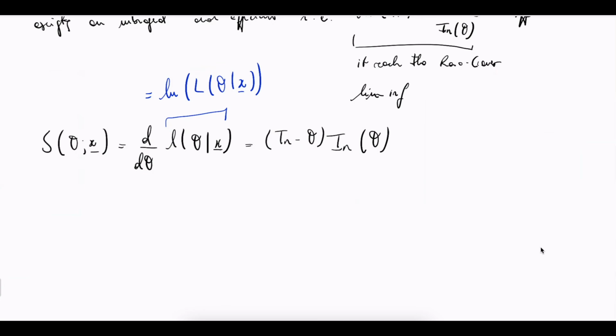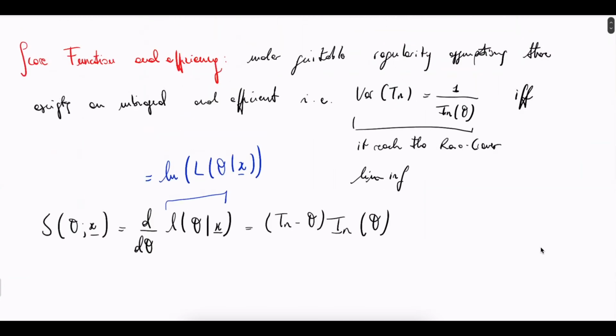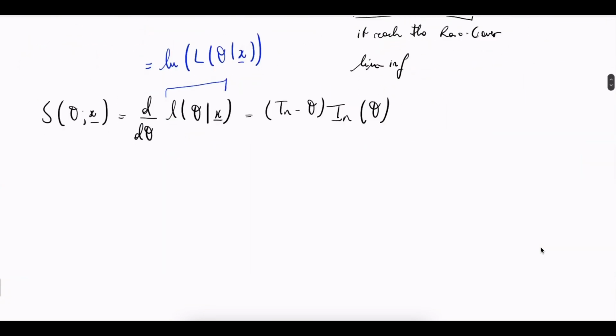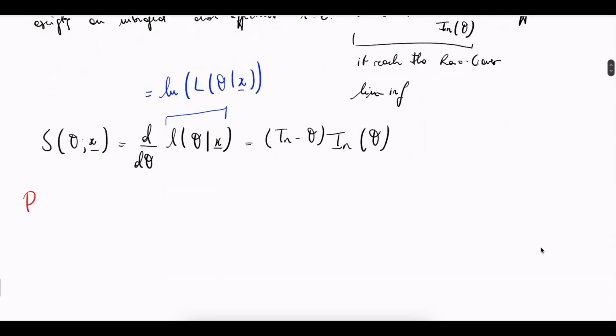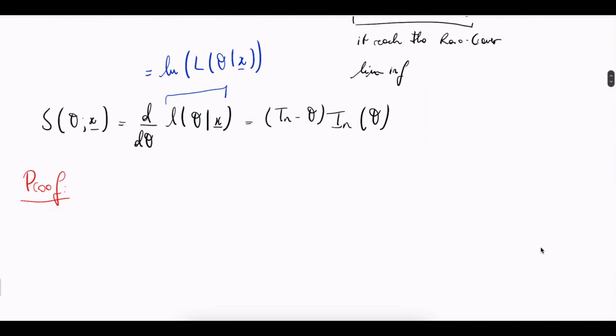Now, this is before we prove it. I'm going to write proof either way. But before we prove it, I want to say why this result is pretty important, and that is for what you could call a corollary, and that corollary finds a relationship between efficiency, so efficient estimators, and MLE.